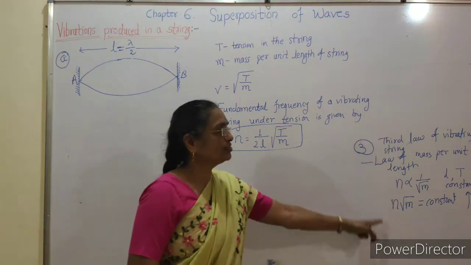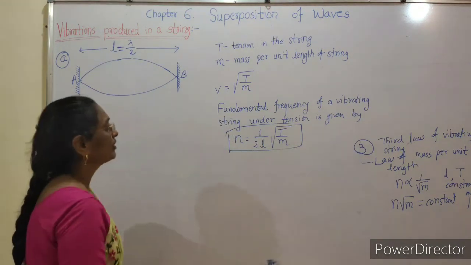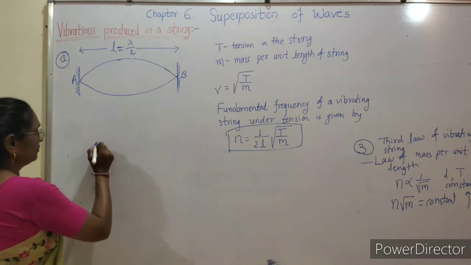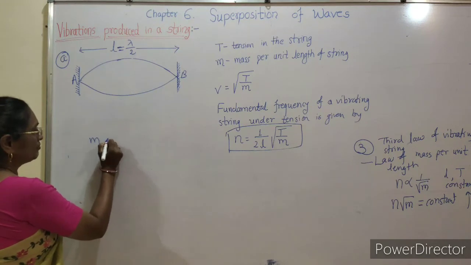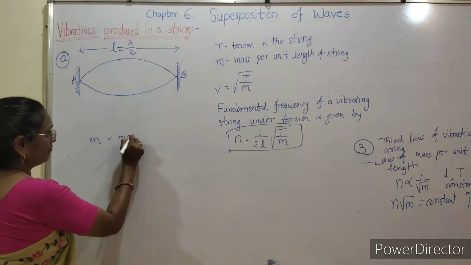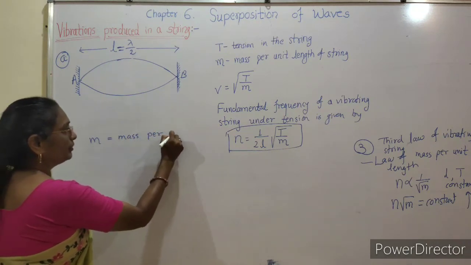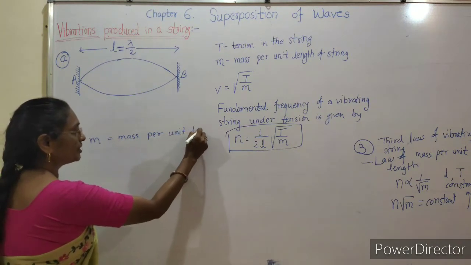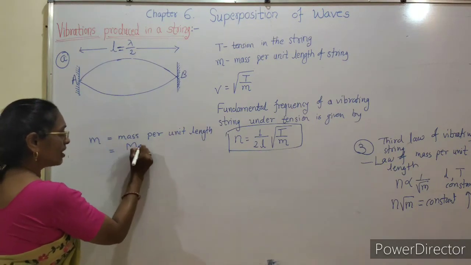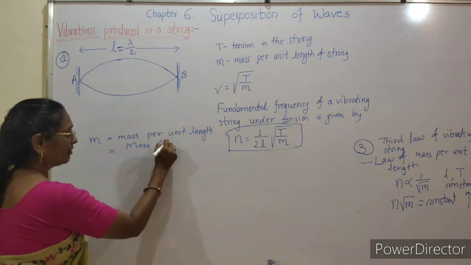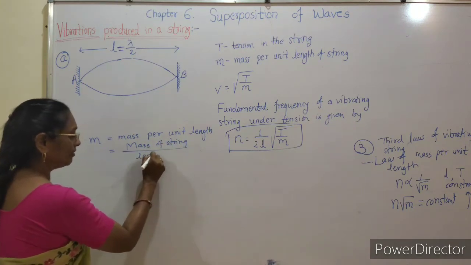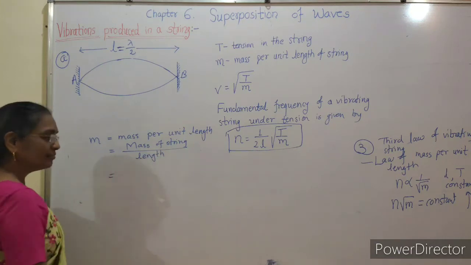So we have to consider the third law of vibrating string, and for the mass per unit length we can write M is mass per unit length of string. It can be obtained as mass of string divided by length of string. Simple.